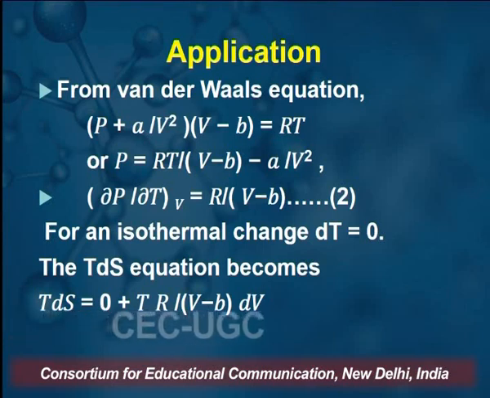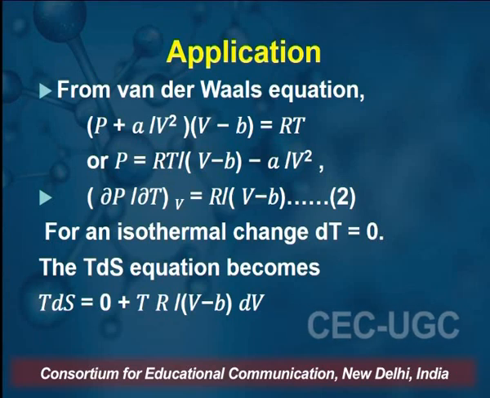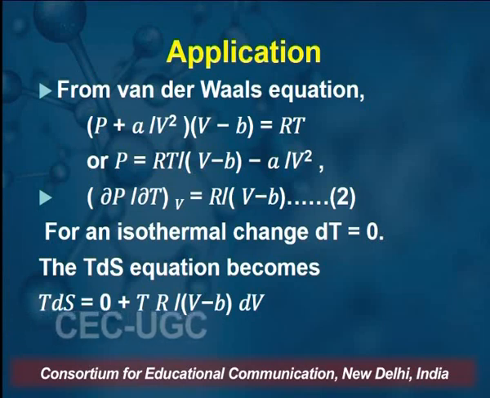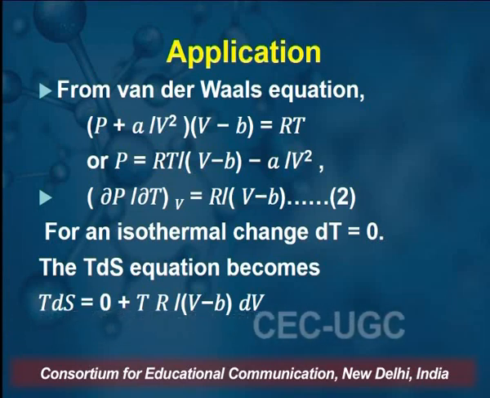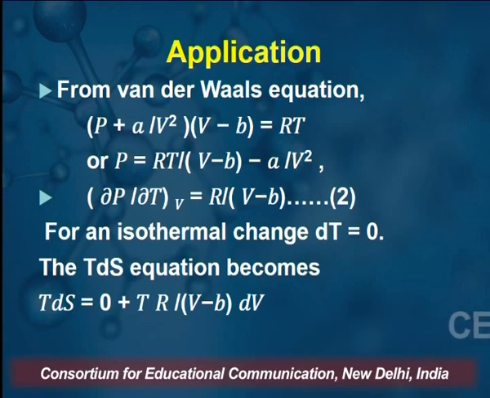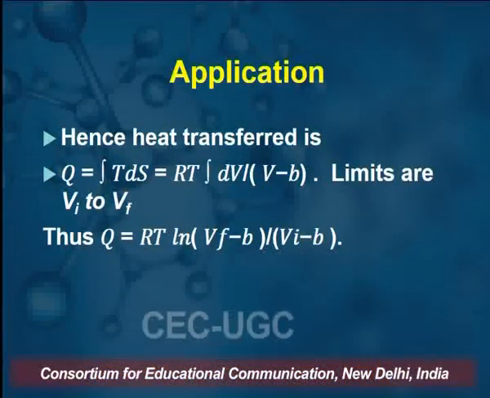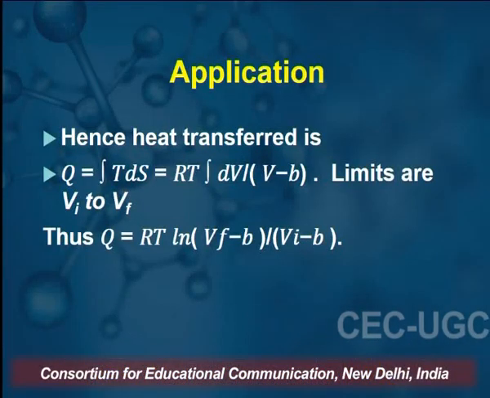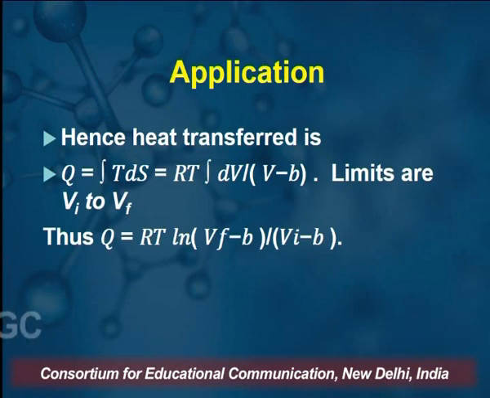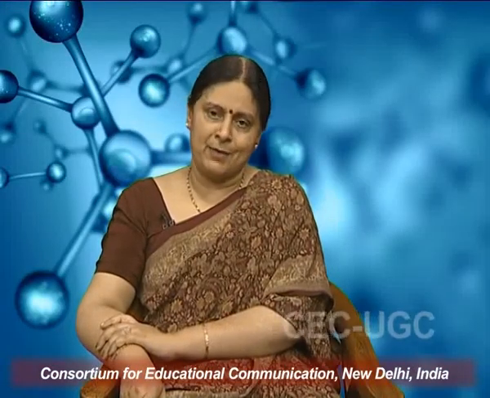Rearranging this equation and differentiating with respect to temperature at constant volume, we get delta P by delta T at constant V is equal to R by (V minus b). For an isothermal change, dT is equal to 0 and the TdS equation becomes TdS is equal to RT by (V minus b) into dV. Hence, we are able to calculate the heat transferred, which is nothing but RT log of (Vf minus b) by (Vi minus b). So this is the first TdS equation and its application.